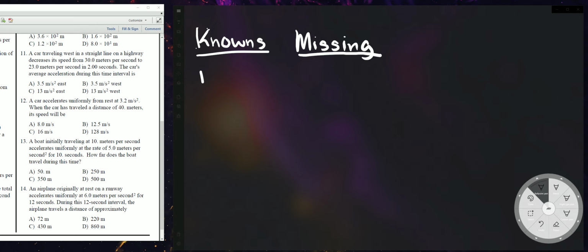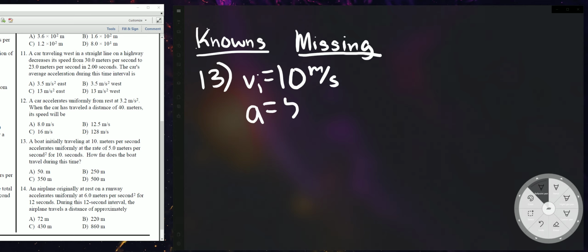13. A boat initially traveling at 10 meters per second. So it already tells you, meters per second is a velocity or speed value. Accelerates uniformly at a rate of 5 meters per second squared. You see per second squared, you know that's going to be your acceleration. You know your time is going to be 10 seconds.